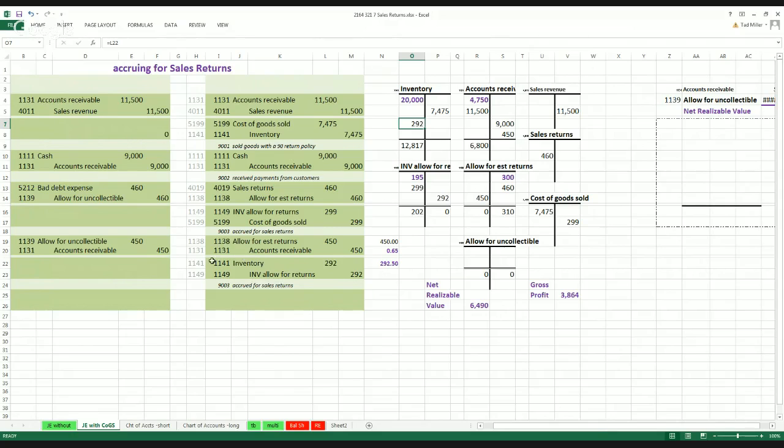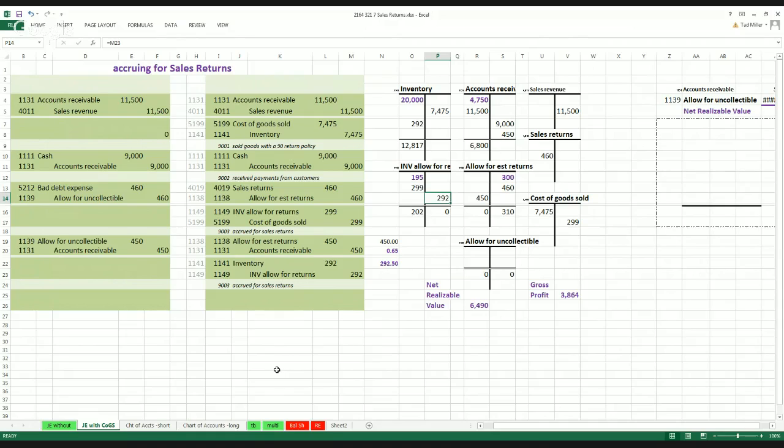But that has no effect on net income because these are two inventory accounts. It's inventory and its contra account. Okay, so we debit inventory, but we reduce this allowance account because now they have returned the goods.